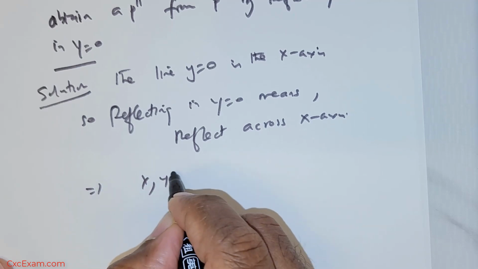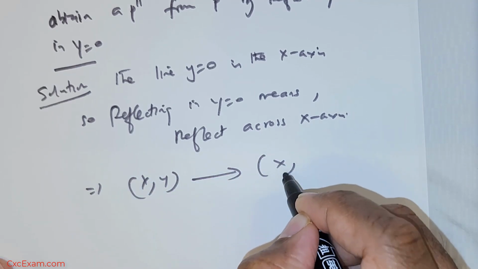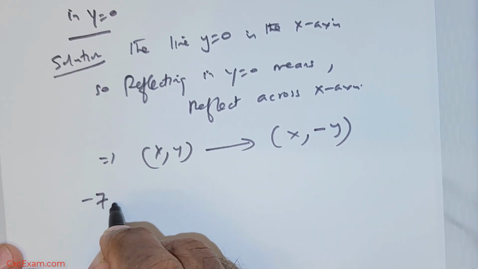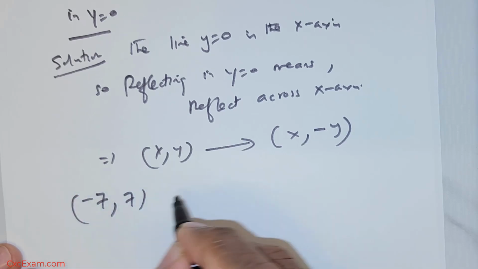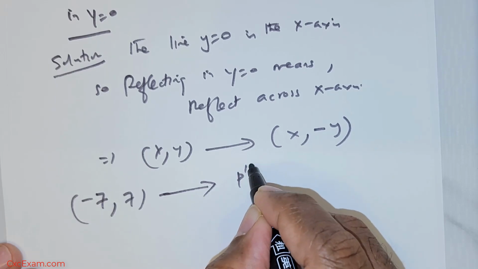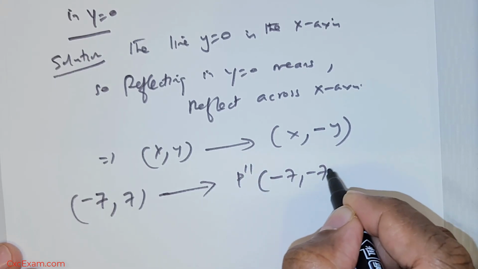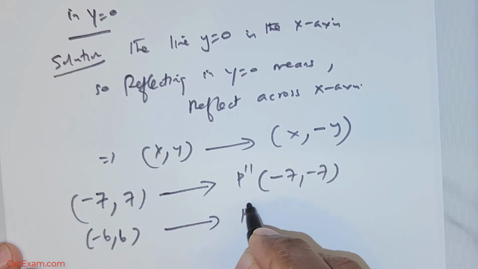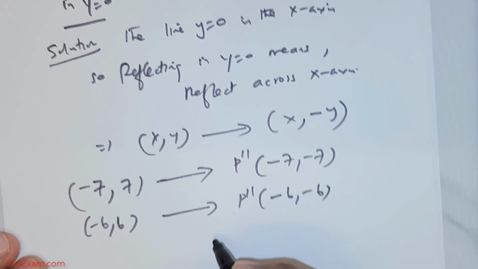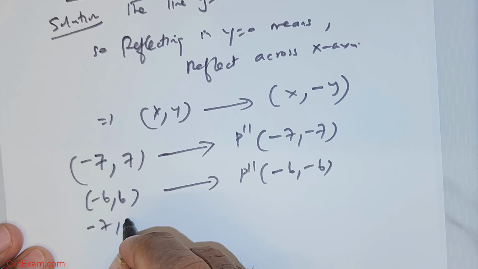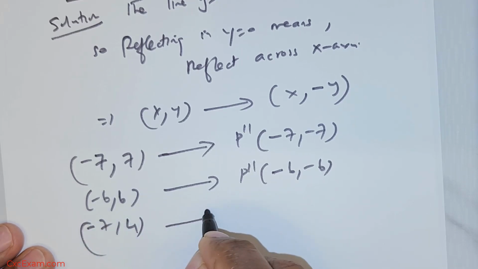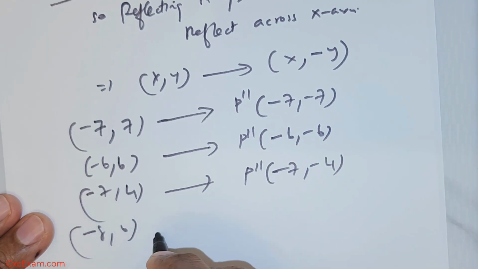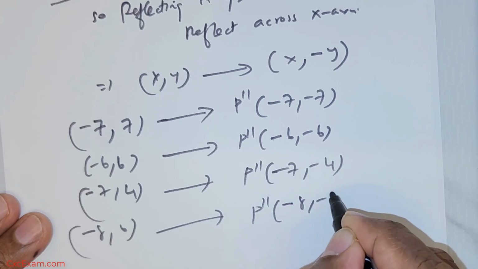So this means the point (x, y) upon reflection is going to be (x, -y). So the coordinates (-7, 7) will now be P double dash of (-7, -7), and (-6, 6) will now be P double dash of (-6, -6). (-7, 4) will be P double dash of (-7, -4). (-8, 6) will now be P double dash of (-8, -6).